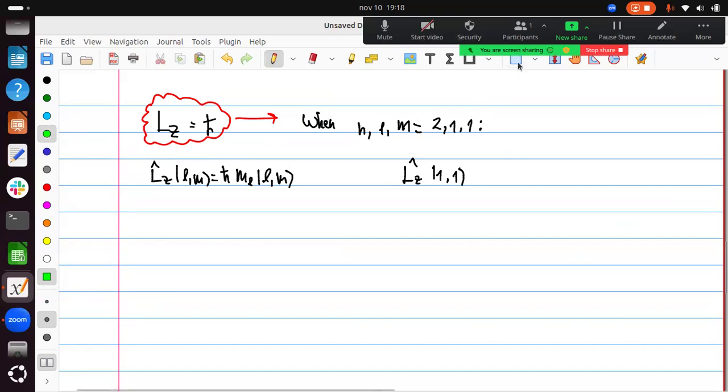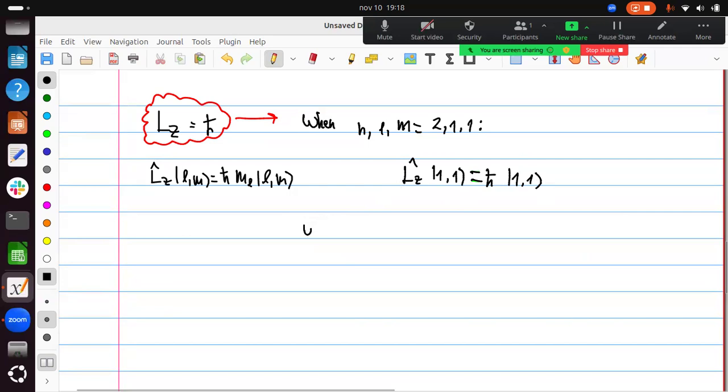So with this formula, this will be just h bar with the ket 1 and 1.